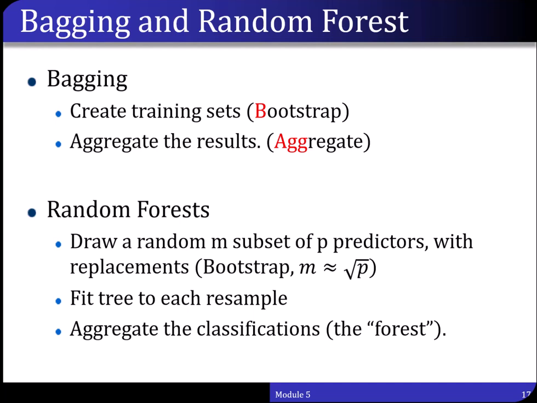I'm going to explore this further in an example in a moment. Random forest is just one step further of the bagging idea. There are 3 main fundamentals. The first fundamental is draw a random, where the name random comes from, m subsets of p predictors with replacement. For each subsample, we fit a tree, and we aggregate the classification based on these results, which is called the forest.